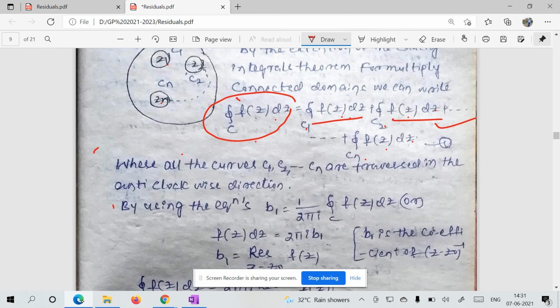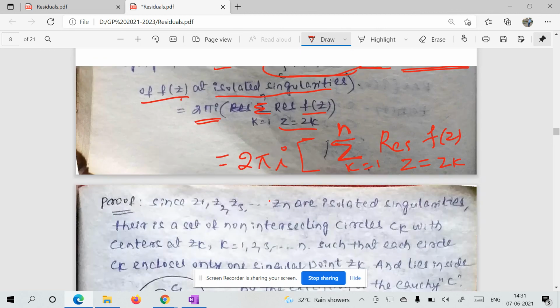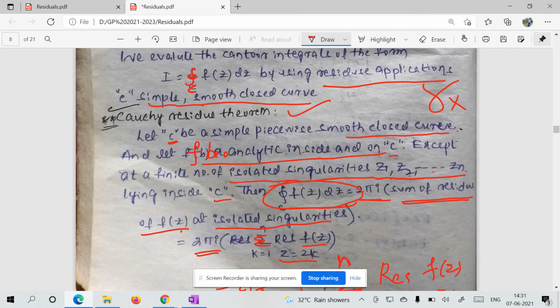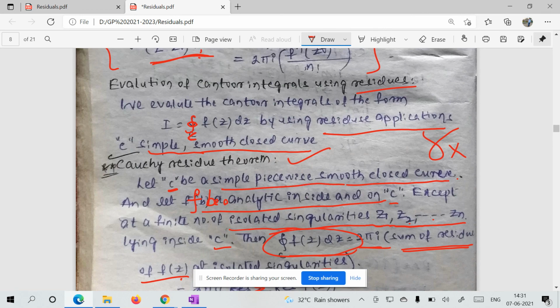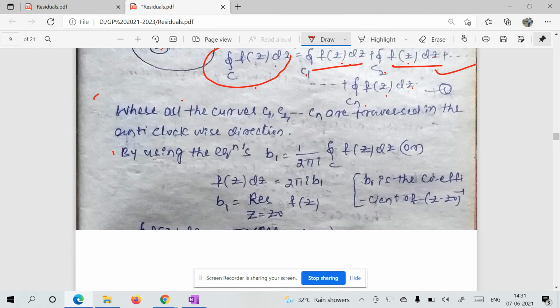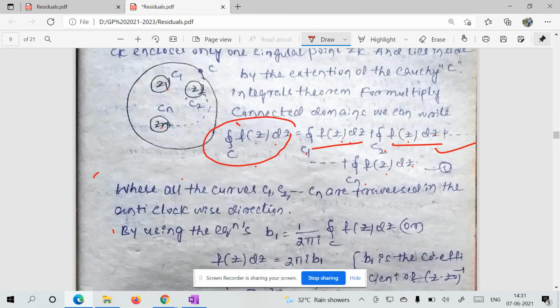This means piecewise connected and simple. In the definition it is clearly given: simple piecewise smooth closed curves. These all are simple, smooth, connected and closed.